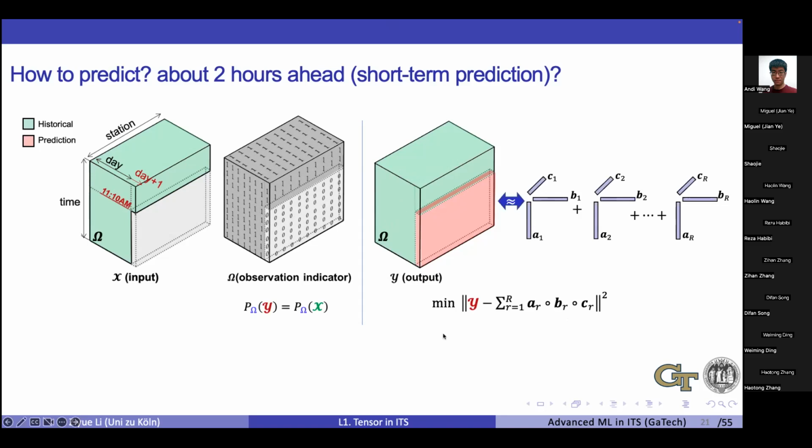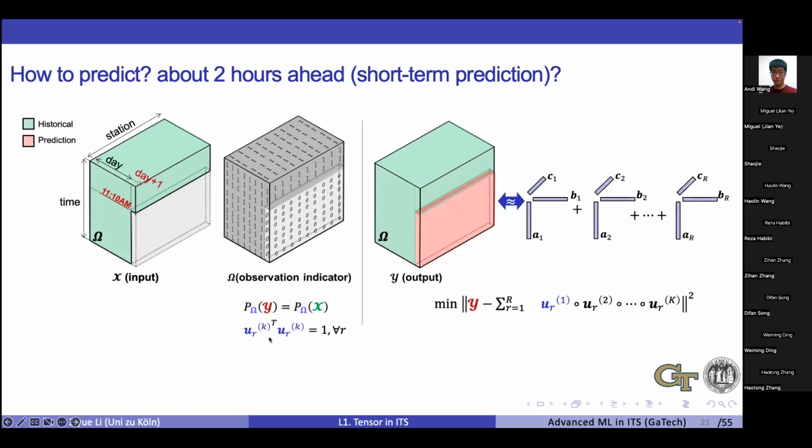So this is how we formulate short-term prediction in the tensor completion way. For the matrix, for the A, B, C, we can write it in a more general way, where we don't only consider 3 dimensions. We can consider, for example, k dimensions, so we can write it like U1 all the way to UK.